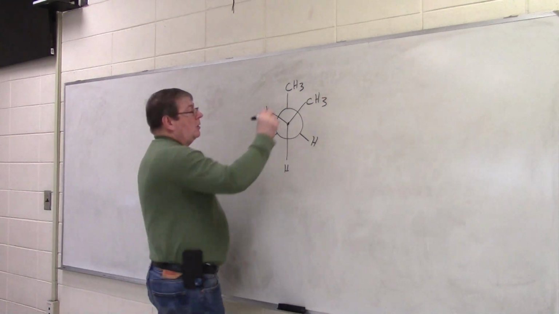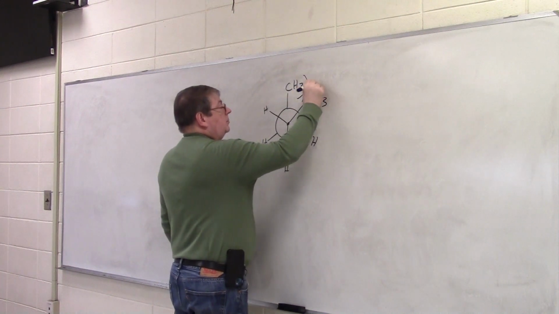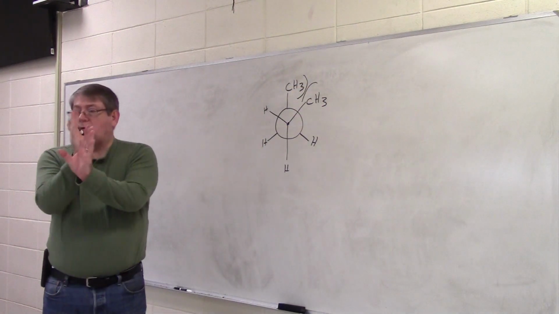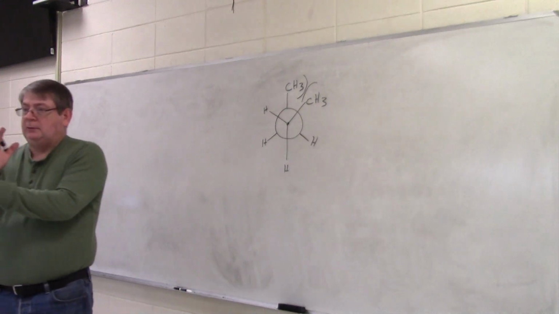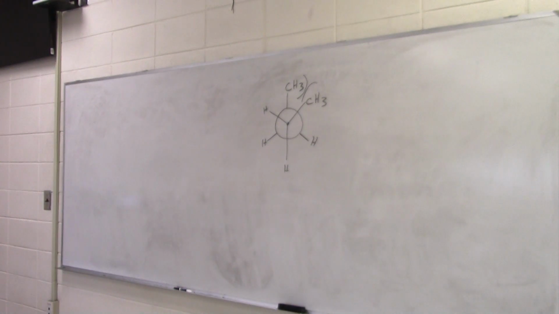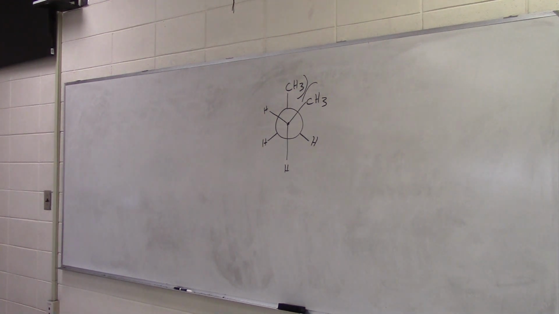Okay. So I have these big methyl groups that are getting close to one another in that Newman projection. That is what we call torsional strain. Your book talked a little bit about that, right? And it's because things don't like to crowd each other and get in the same space.